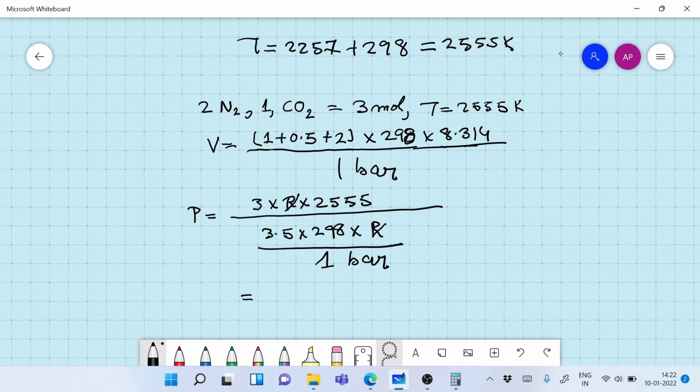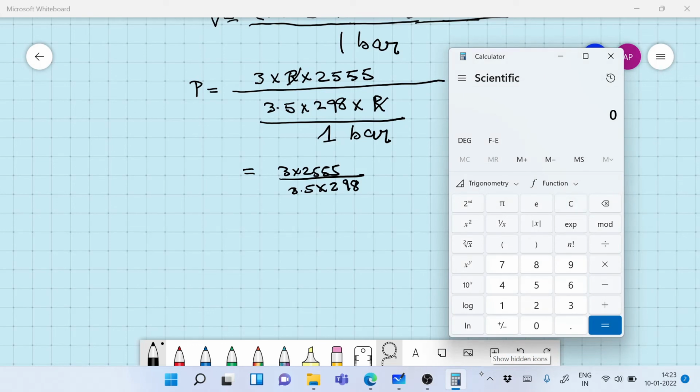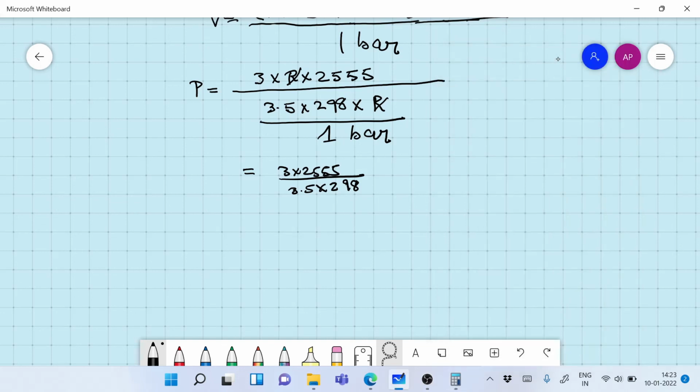So let's solve it out. 3 into 2555 divided by, starting the bracket, 3.5 into 298, end the bracket, we get 7.34, which is equal to 7.34 bar.